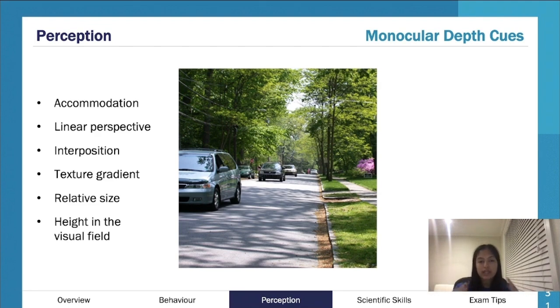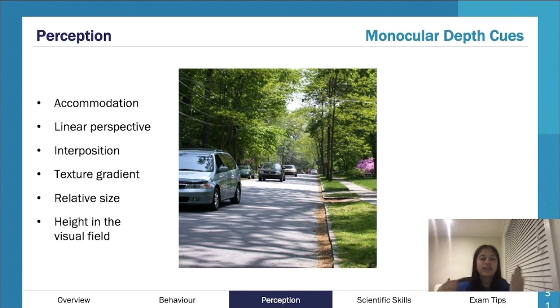So in this picture, we see three cars and things like that. So if you think about your cars and what I was saying, kind of having things in front of each other, this idea of interposition, you can tell that this car is in front of this car because part of it is hidden behind the other.